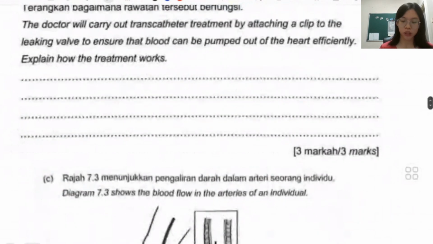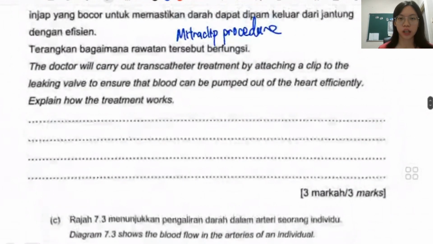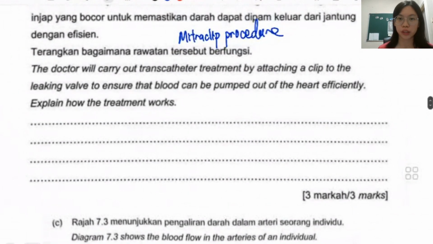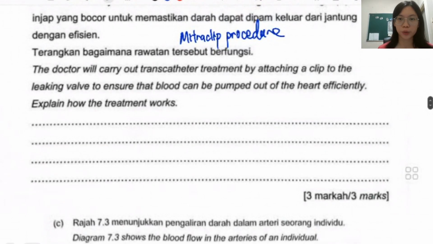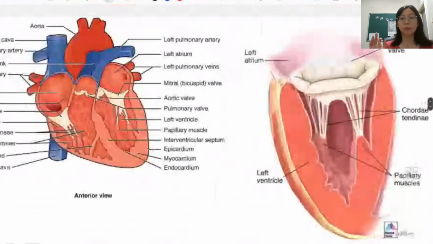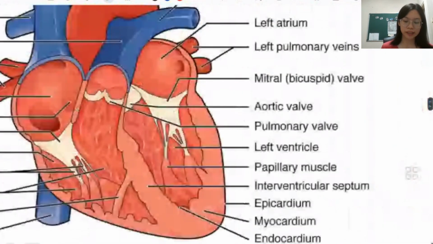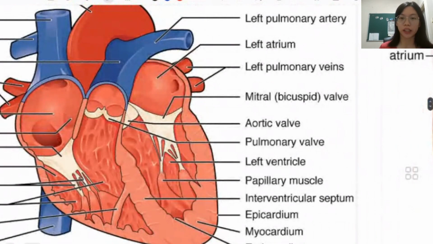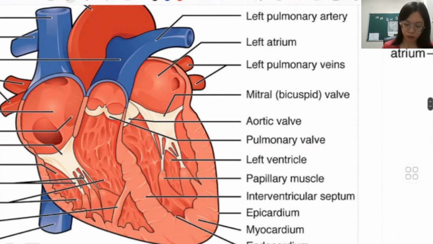So how it actually works, I can show you the diagram. Let's take a look at this part. So you can see your left atrium right here, and then here's your bicuspid valve.